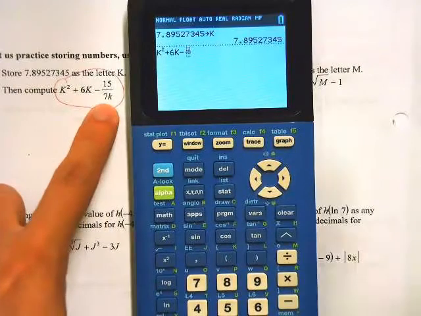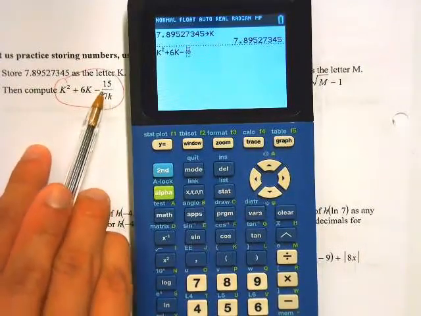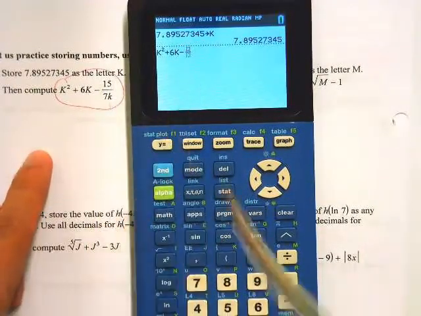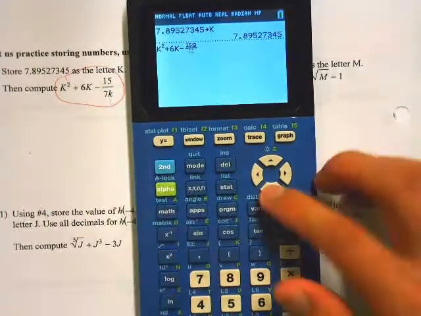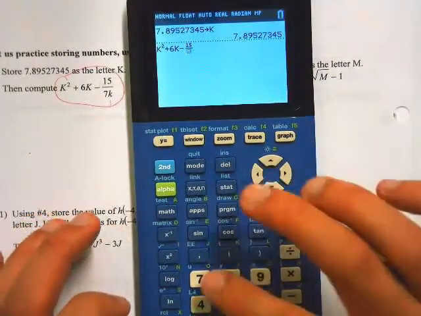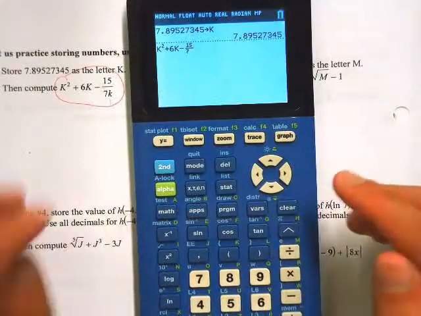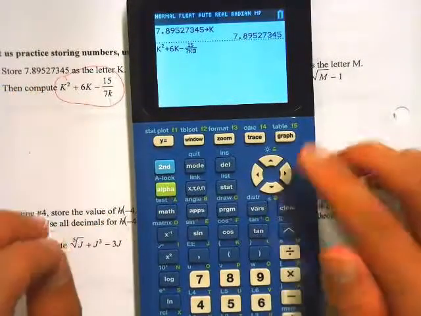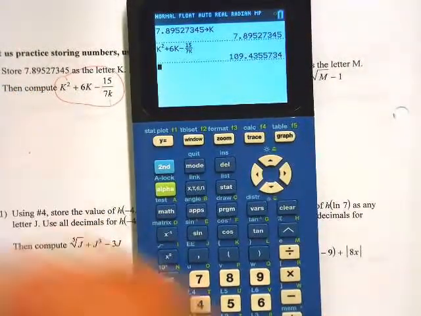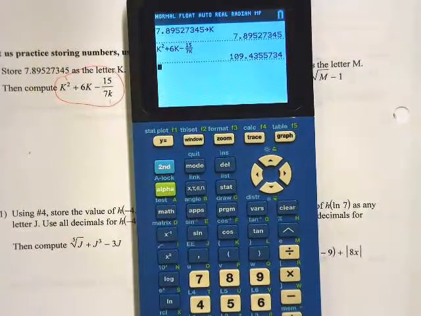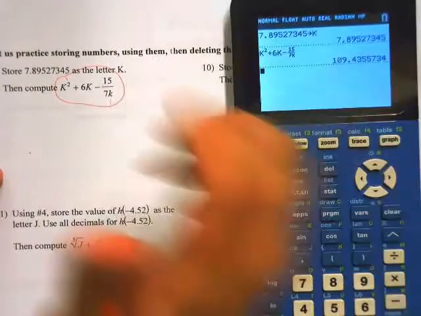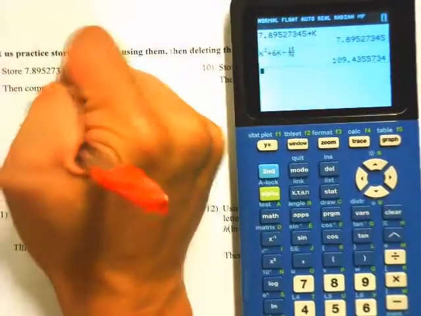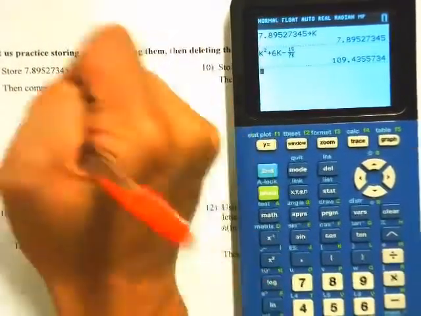Okay, so if you're using the division sign, you should be putting parentheses around over here. Having the fraction bar kind of eliminates that. Okay, so 15 over 7 times, we don't have to press times anymore, alpha k. Okay, all right, and then let's just kind of get that. Then we have 100.435, and we're going to truncate it to that. Okay, so equals 109.435.